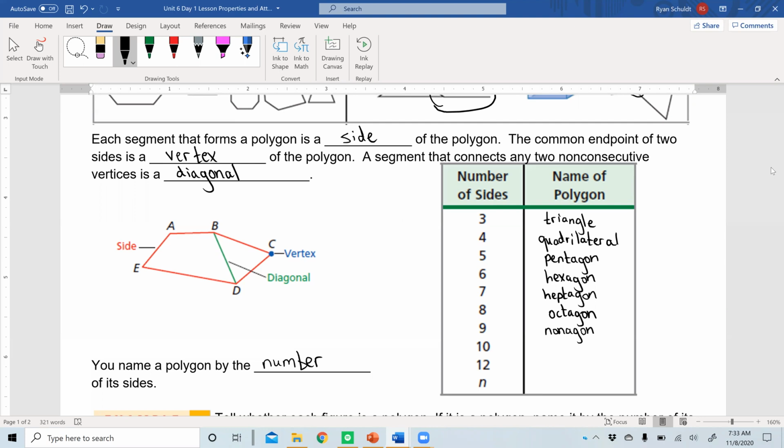10, decagon. Just like there's 10 years in a decade, 10 sides in a decagon. To me, 12 is the most fun to say. Dodecagon.